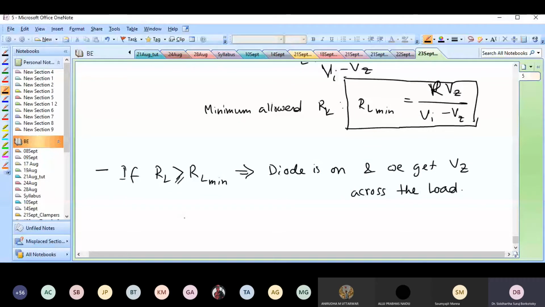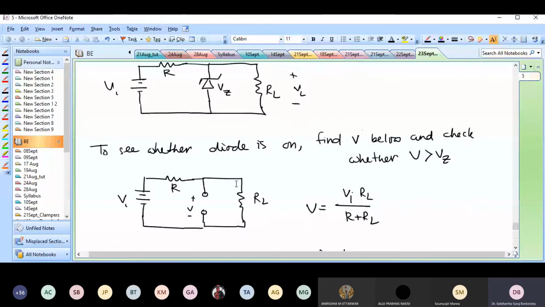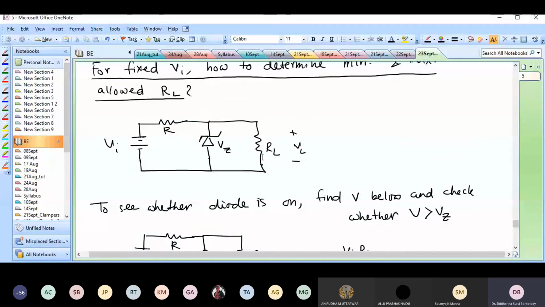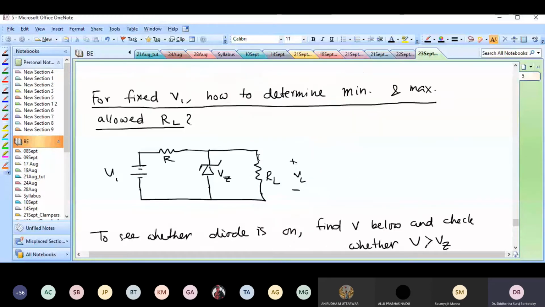Now, the next thing is, as you change this RL, you will always see the current that flows. So if you reduce RL, let's look at the current flowing through this load.